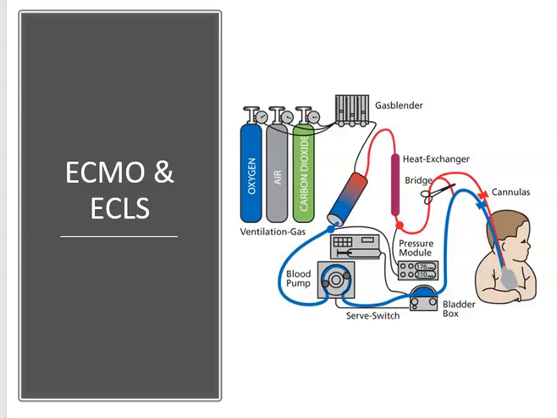As this diagram illustrates, what happens with ECMO is special tubes known as cannulas are put into blood vessels that go directly into the heart or the bloodstream. The doctor chooses the size of the tubes based on the size, the age, the weight, and the reason why ECMO is being performed.